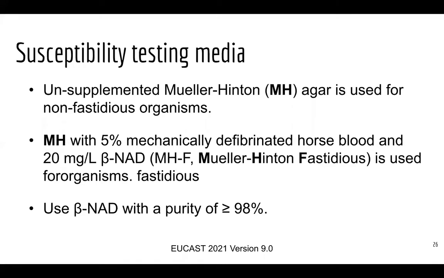And then we've also got Mueller-Hinton with 5% defibrinated horse blood. When I said defibrinated before, that's getting rid of the fibrin by agitating it and then getting rid of the clots. And then you can use beta NAD, and finally you use that for the fastidious organisms.